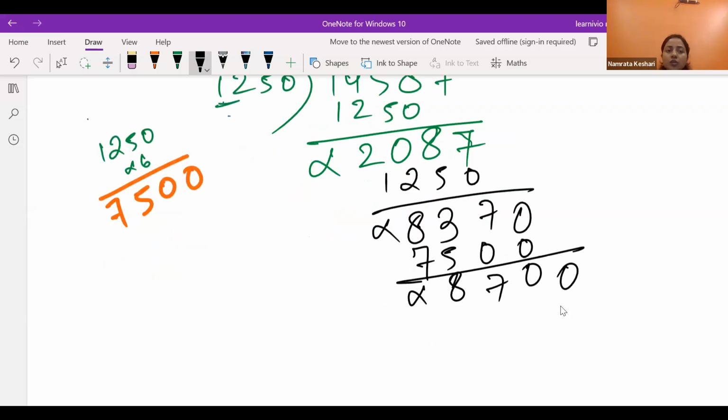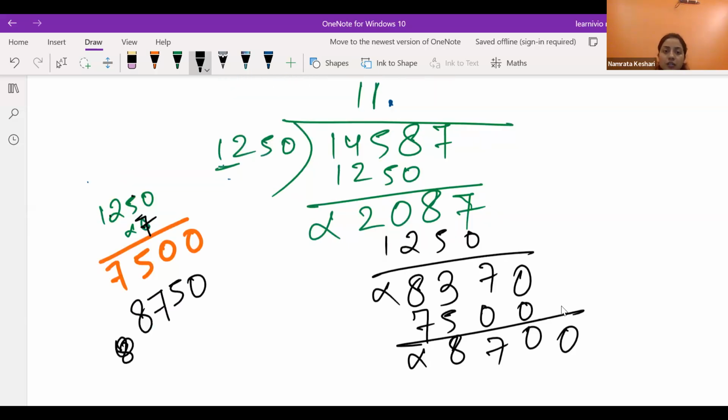I think it will again go 6 times only, right? Because 7 times, if we take 7, 5 times 7 is 35, 5 carry 3, 7 2 times is 14, 17, 7 carry 1, 8 7 5 0. So we will be getting 6 times again, right? Yes.